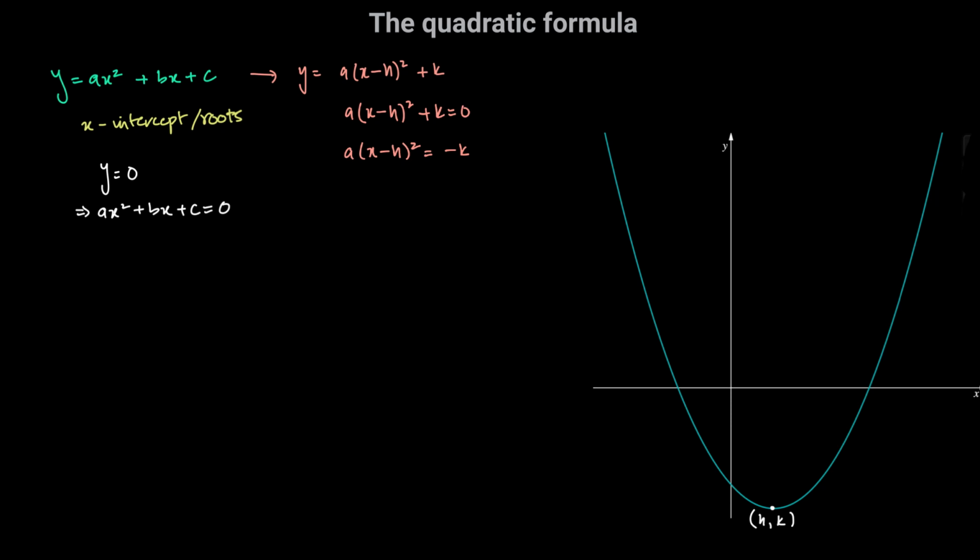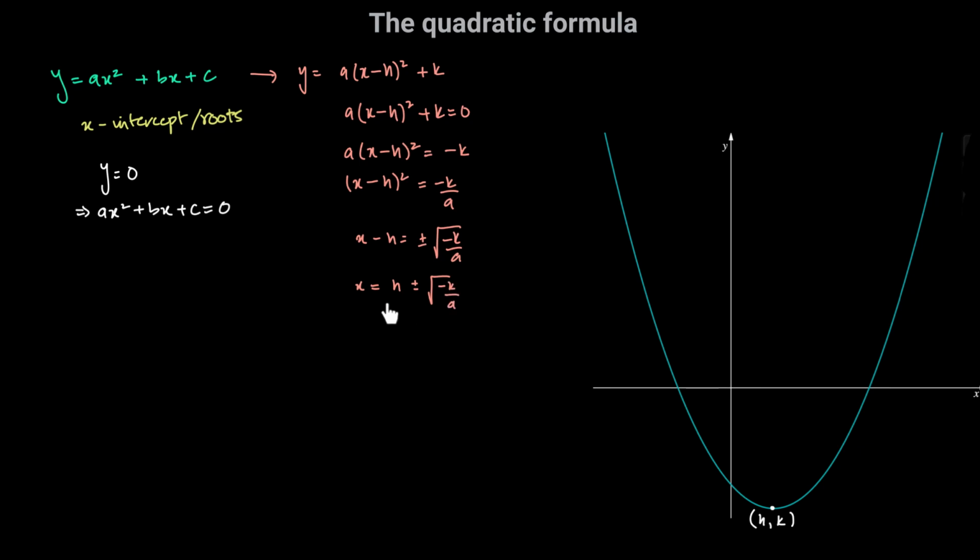So we have x minus h, the whole thing squared, is equal to negative k over a. And then we can say that x minus h is equal to plus or minus the square root of negative k over a. And if we just add h on both sides, we get x is equal to h plus or minus the square root of negative k divided by a.